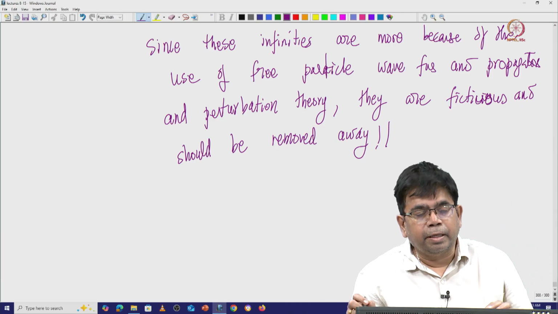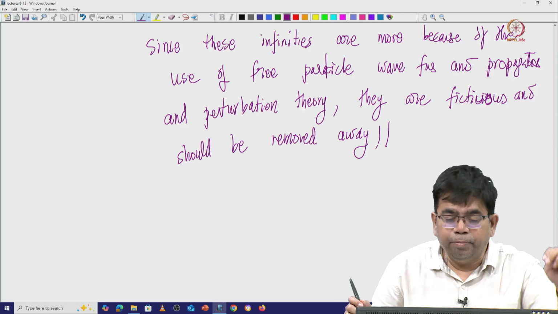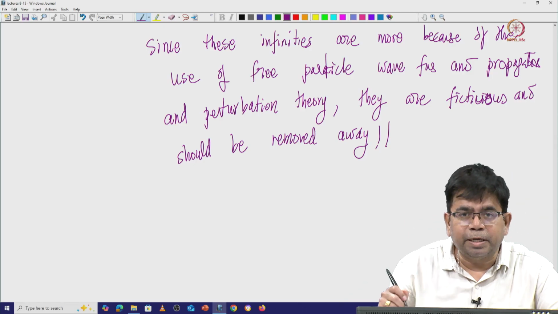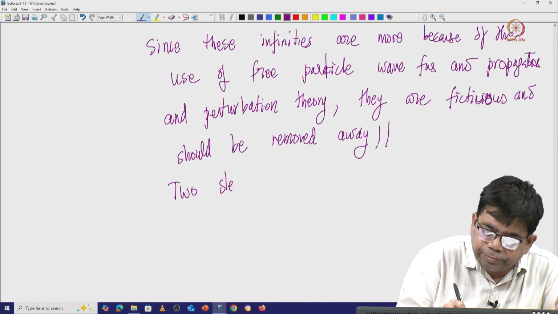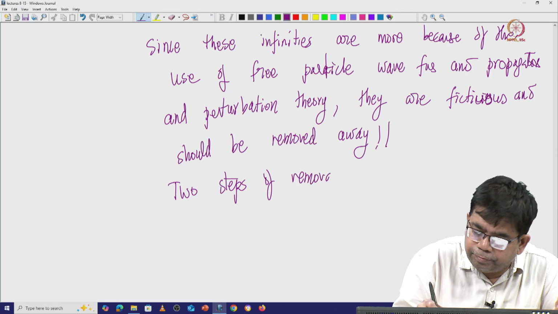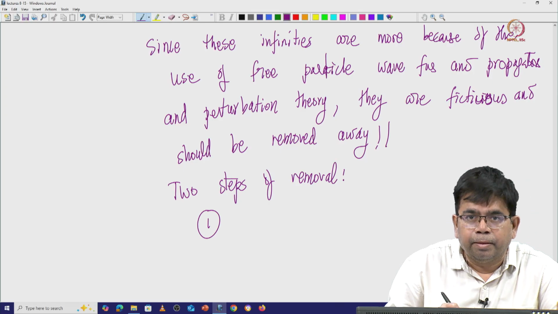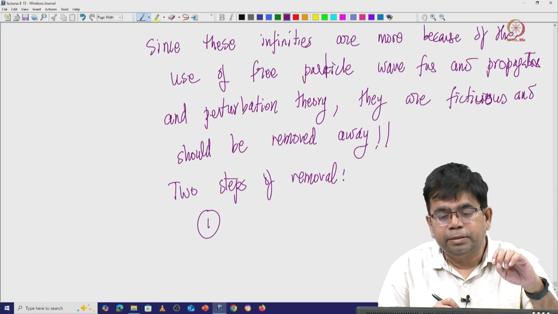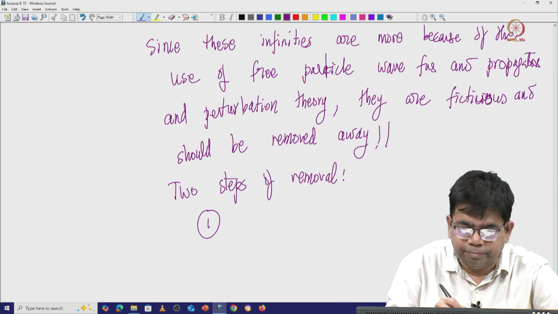How do you remove them? There are two steps in removing them. One is that this infinity has to be isolated in the integral.